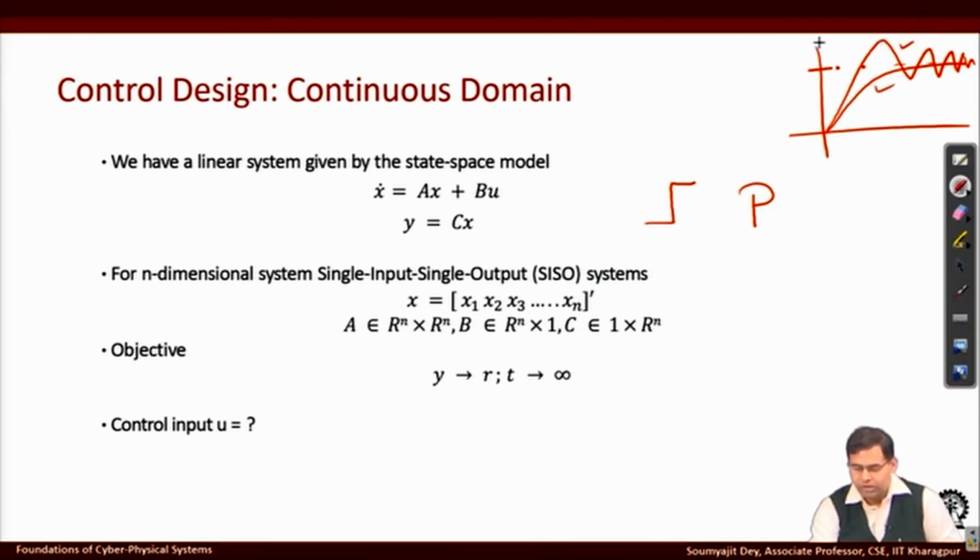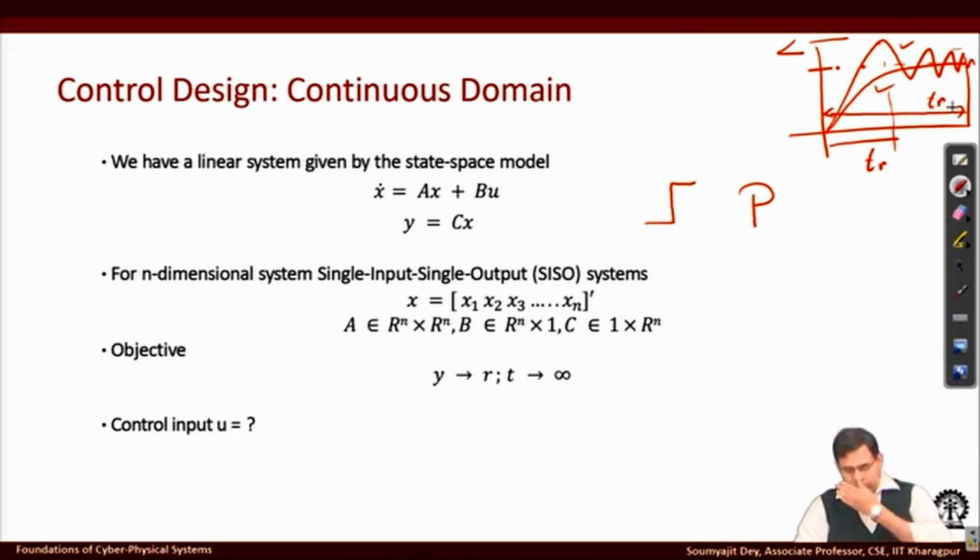You may have a specification that the maximum overshoot should be less than this, the rise time should be less than some value, or the settling time should be less than some value. So this may be your control design criteria, and as you can see, the plant by itself doesn't meet any of these criteria, and the plant by default may be unstable.